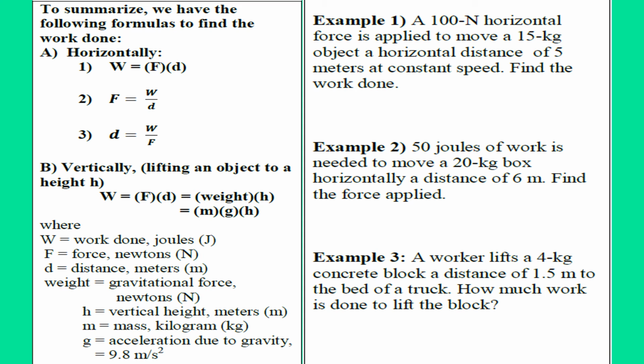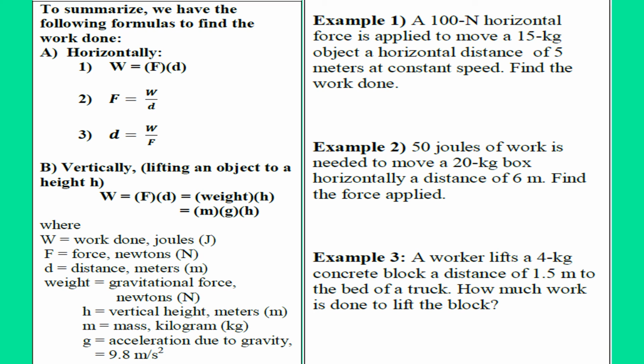To summarize, we have the following formulas to find the work done. Letter A, horizontally: 1, W equals F times D, or solving for F, F equals W over D, or if we solve for D, D equals W over F. Vertically, such as lifting an object to a height h, work equals F times D, which is weight times height.